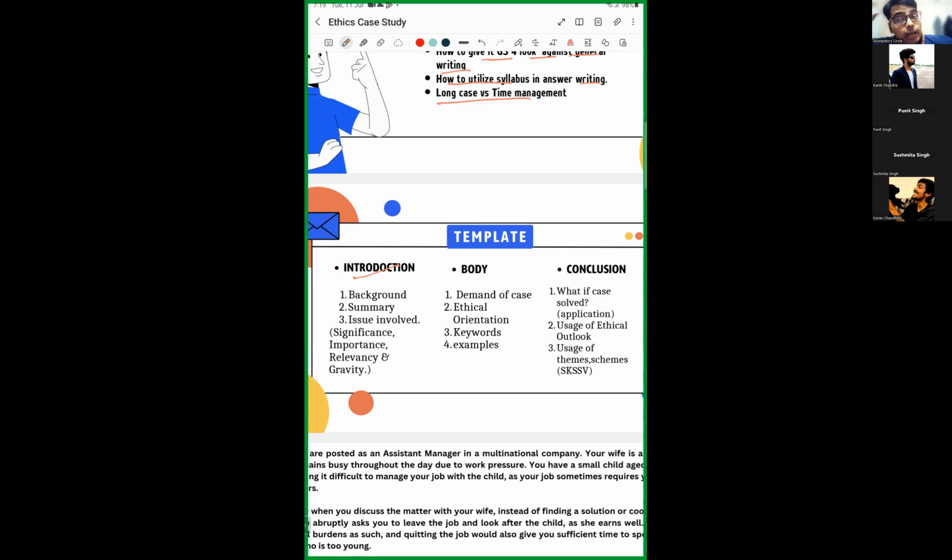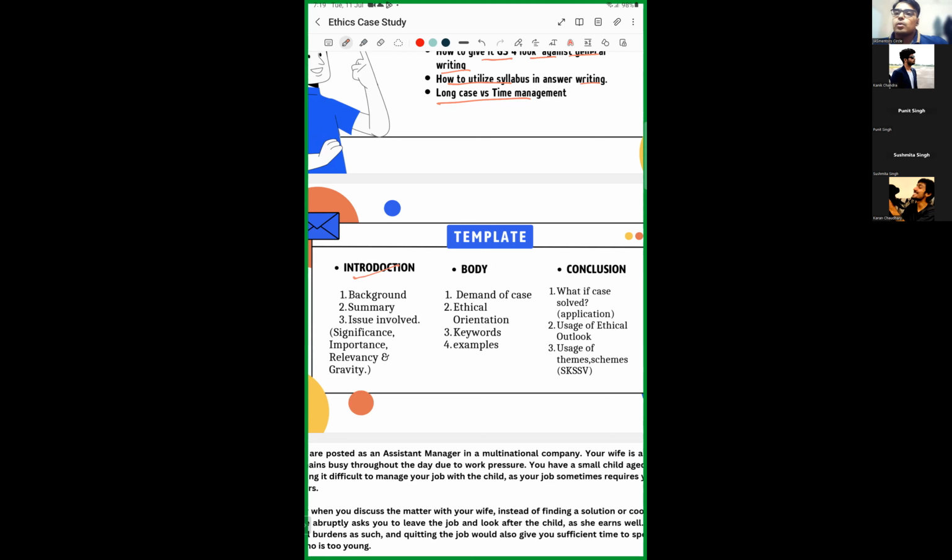Next, conclusion. What if the case is solved? Suppose it's about women empowerment and it was about participation in the workforce. So you know the UN report that if the rest 50% of the Indian population, say women, participate in economic activities, we will grow by 27%. There was a report like this. I might be wrong with the fact over here, 27 or something like this only.